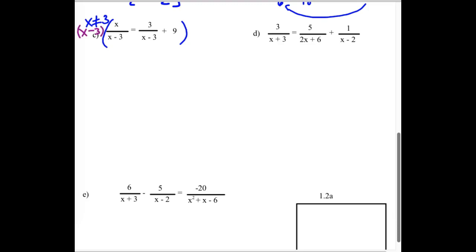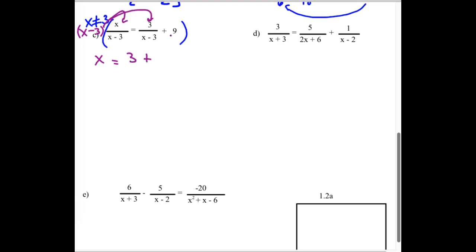So we need to distribute that x minus 3 to all of those terms. What happens when I multiply it to the first one? Yep, the denominator is going to cancel that x minus 3. We just get a plain x. Same thing's going to happen here. The x minus 3's drop out, and we just have a 3.